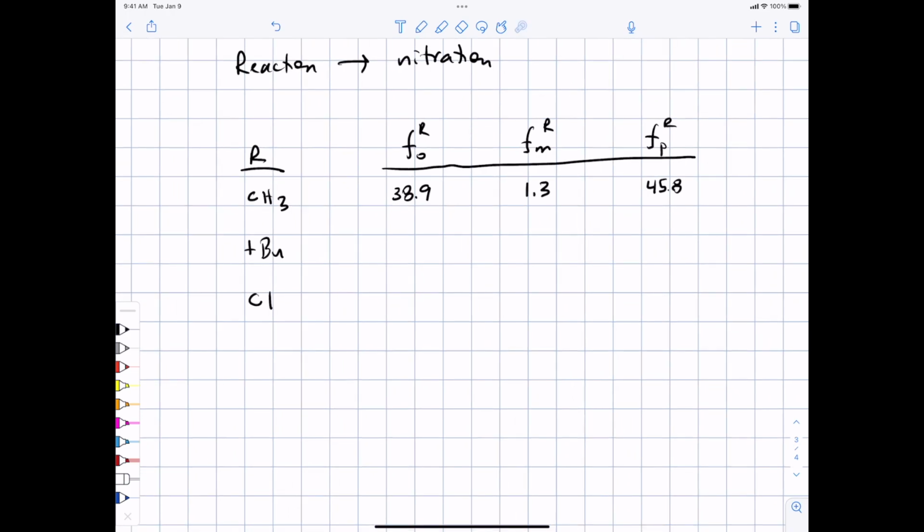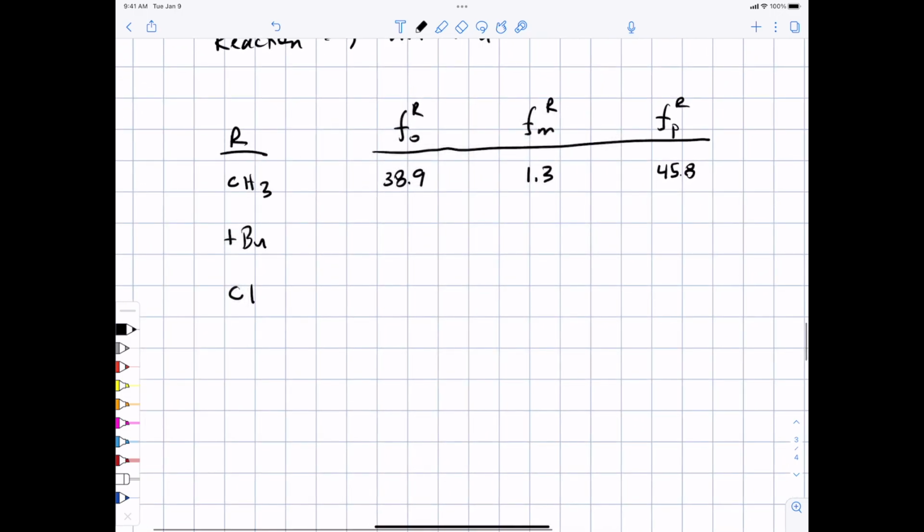All right? And remember, this number reflects the fact that there's twice as many ortho positions as there are para positions. So in terms of the rate of the reaction, this should reflect intrinsic differences in reactivity between ortho and para. And the answer is not much, but the meta is pretty unreactive.